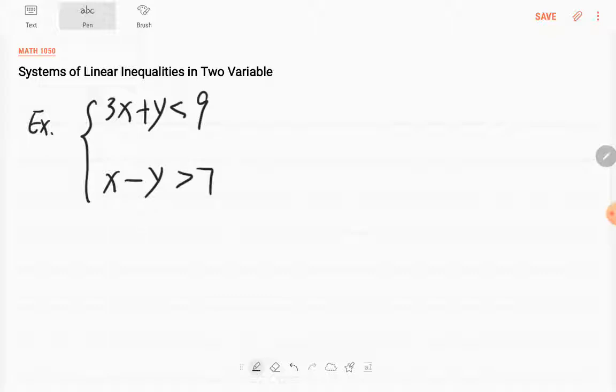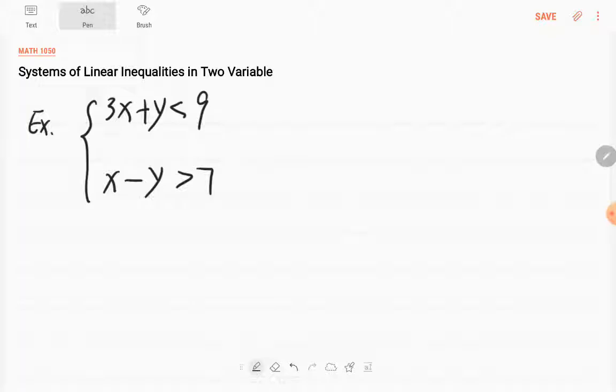Okay, and in the last section we know that the solution for a linear inequality represents a region, right, a half plane in the plane. And so this is a system of linear inequalities.